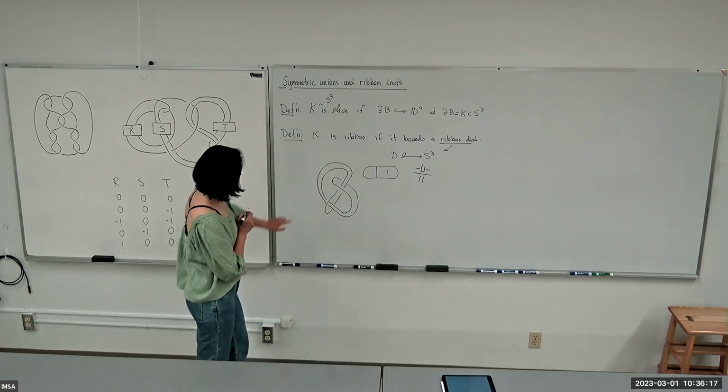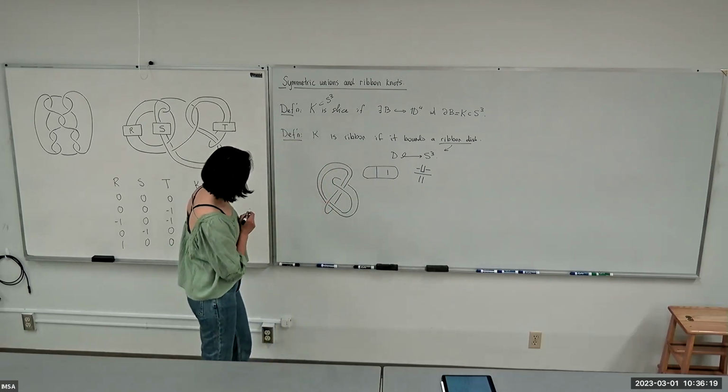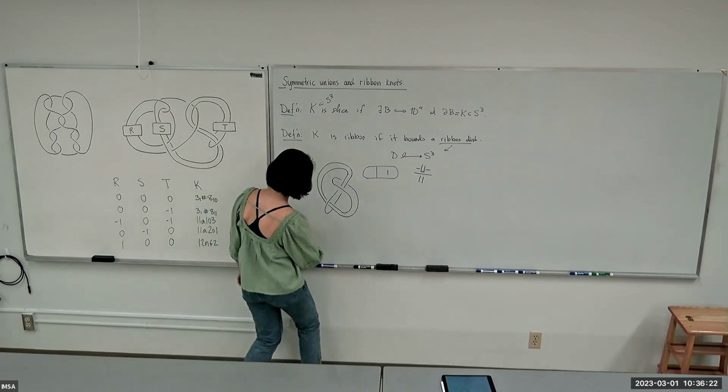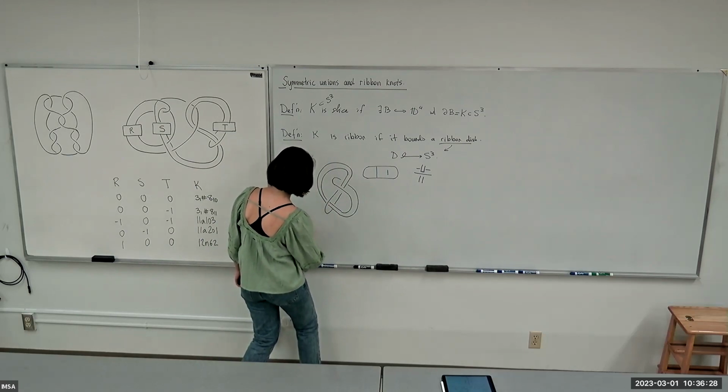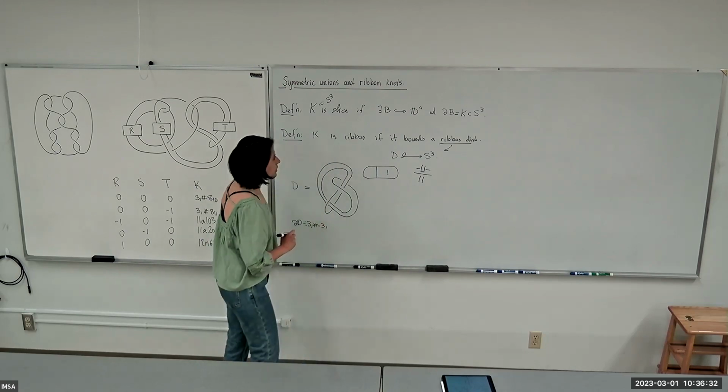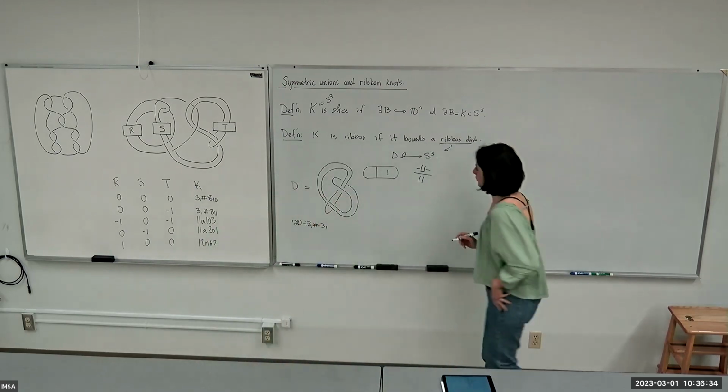Here's a ribbon disk D with boundary the square knot. That actually raises a question.